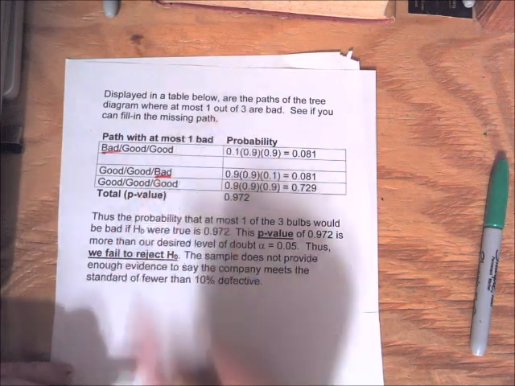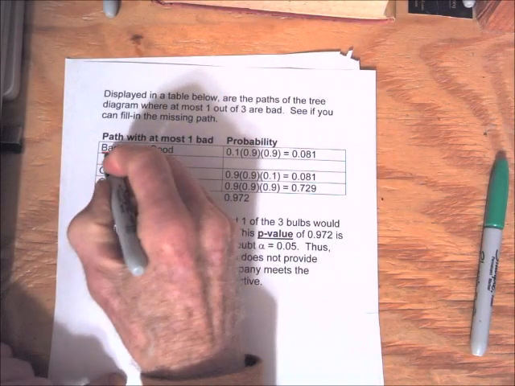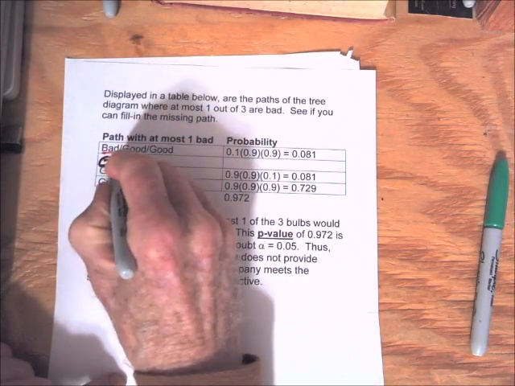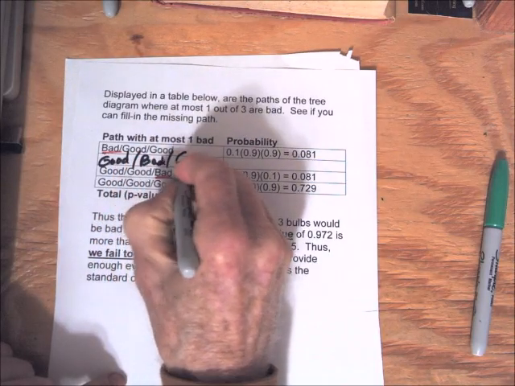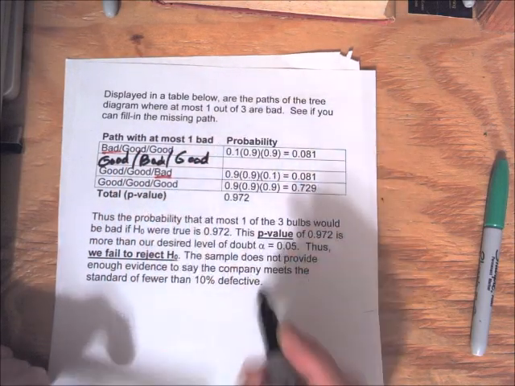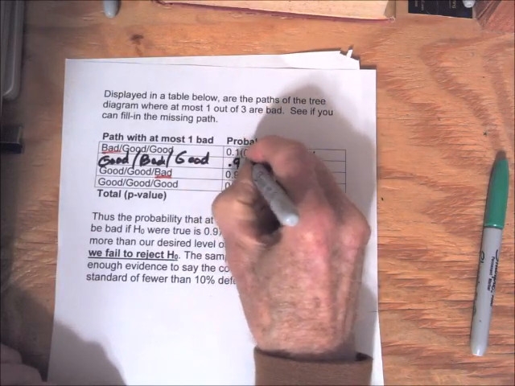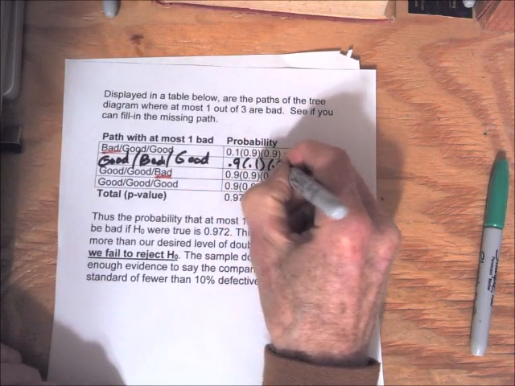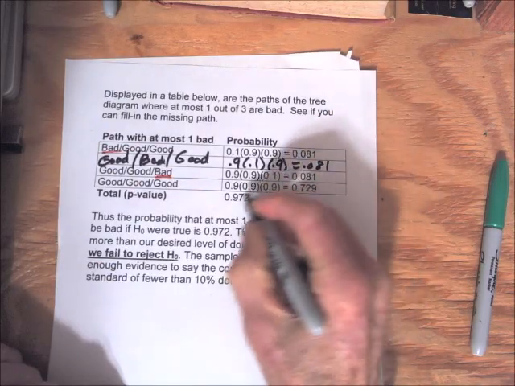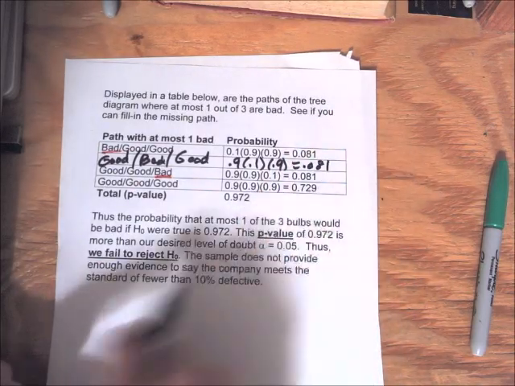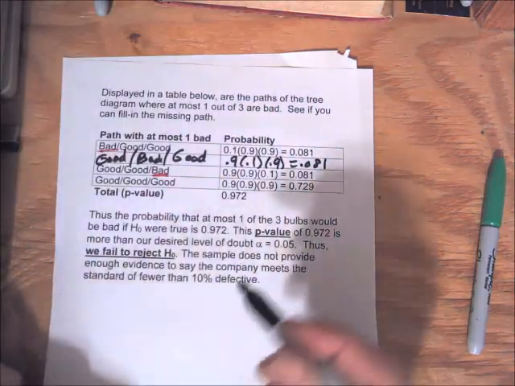The one that's missing is bad in the second position. So we fill in good, bad, good. This will be 0.9 times 0.1 times 0.9, 0.081, and we add these up to give a total of 0.972. And that's our p-value.